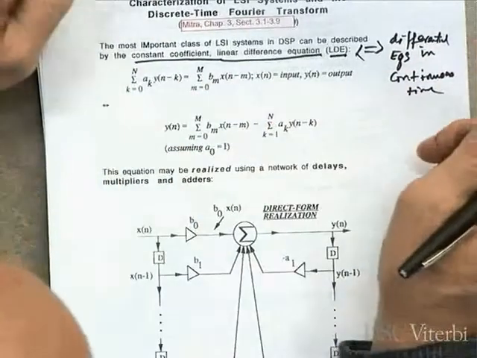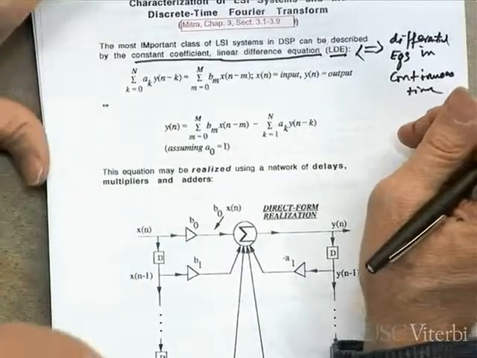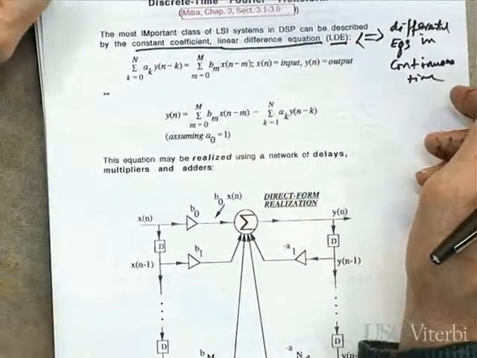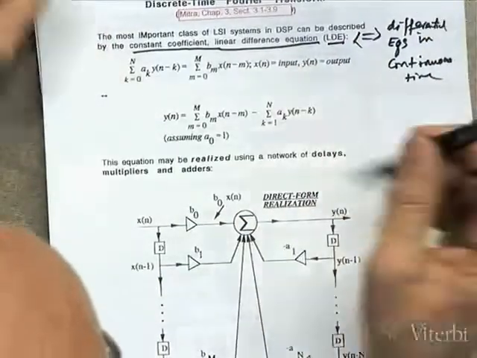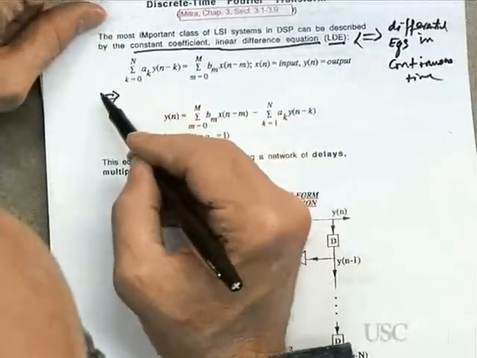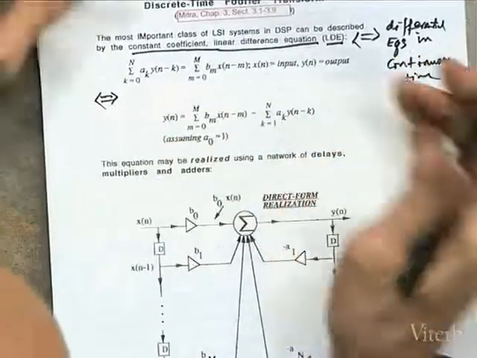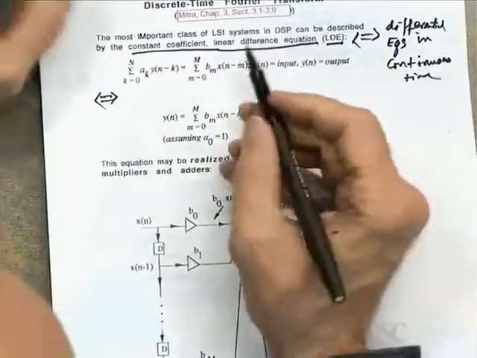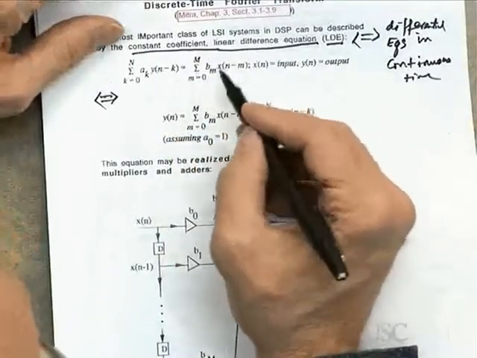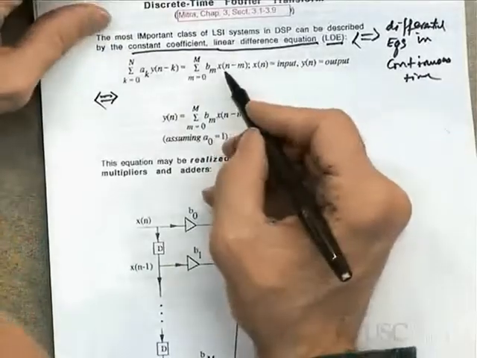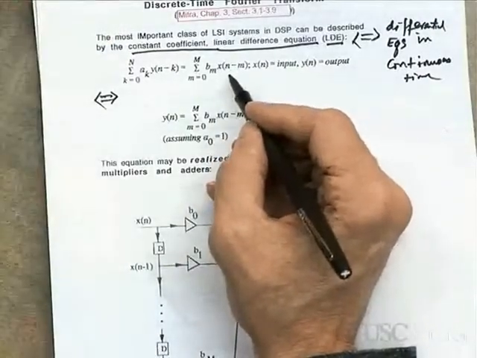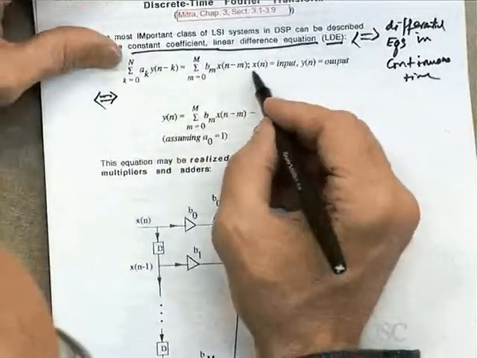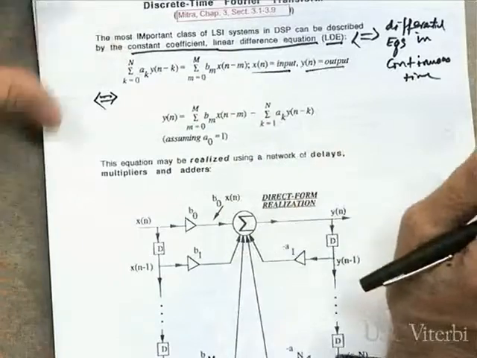Here's a very general form of a difference equation. And I'll have more to say about these later on. But basically, I write it like this: summation a sub k y of n minus k is equal to summation b sub m x of n minus m. So the time shifts of x, time shifts of y, multiplied by coefficients a and b, where x would be the input, y is the output.